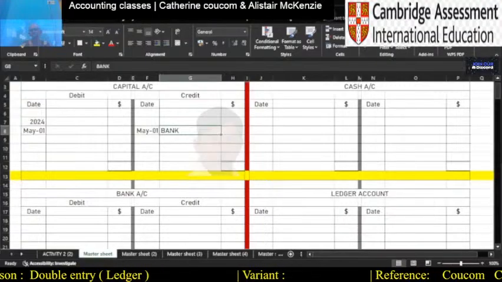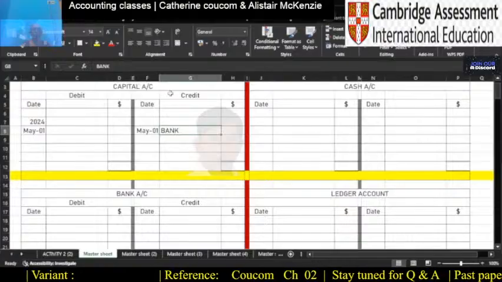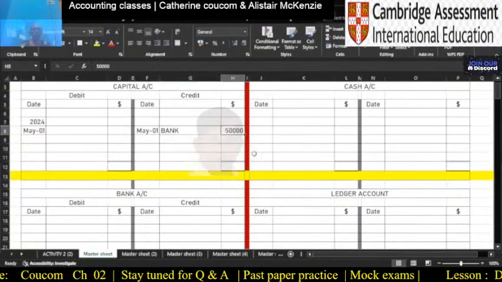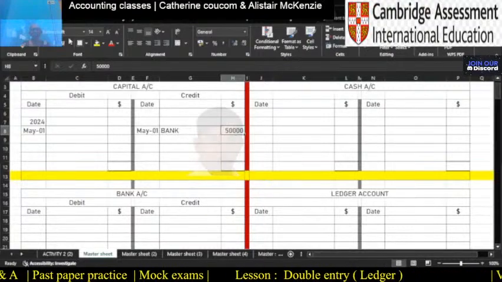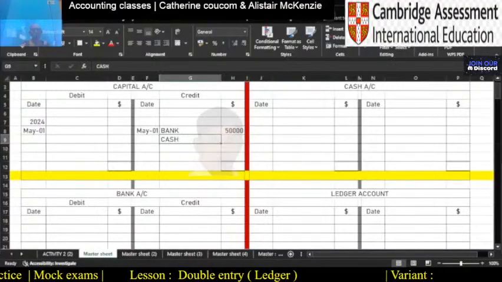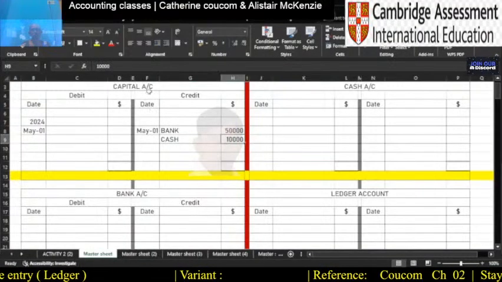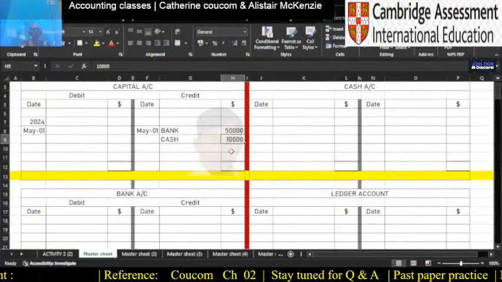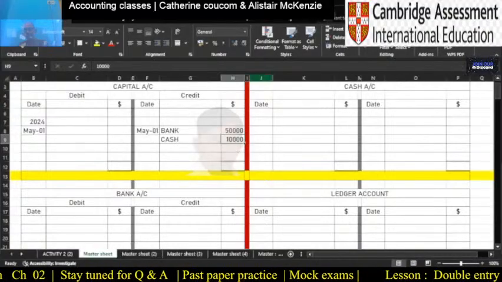What has the capital account given? The capital account has given $50,000 to the bank account and $10,000 to the cash account. Correspondingly, we have to complete the double entry.